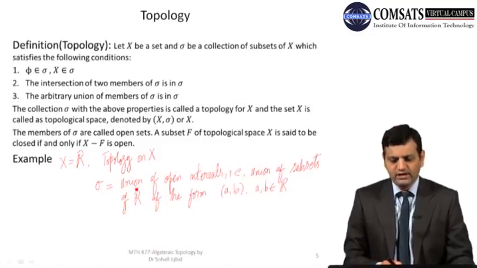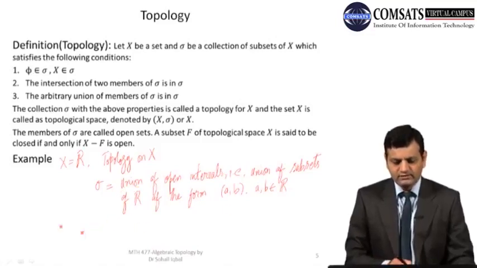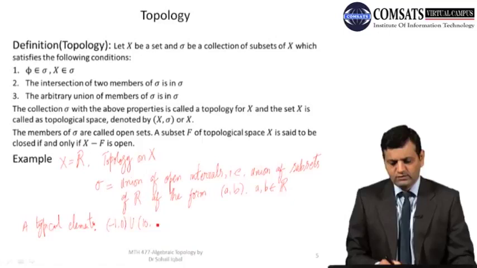So a typical element of this sigma could be written as (-1, 0) union (10, 100) union (500, 10^10).